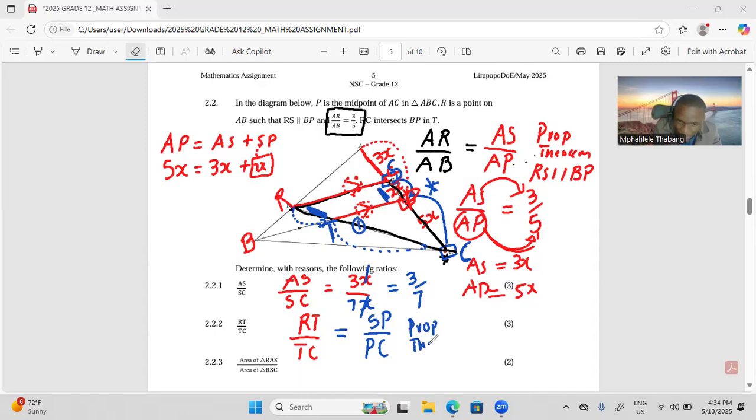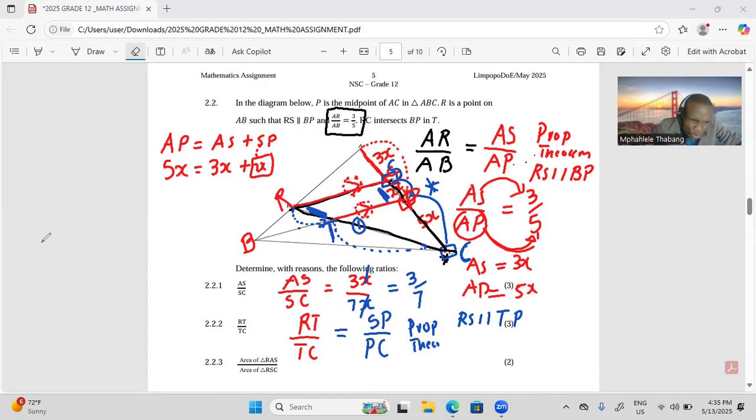I have to name the lines that are parallel. In this case, it's RS, which is parallel to TP. You can still say RS is parallel to BP, I think it's acceptable. So we are looking for RT over TC, which we know is equal to SP over PC. And SP is 2x.